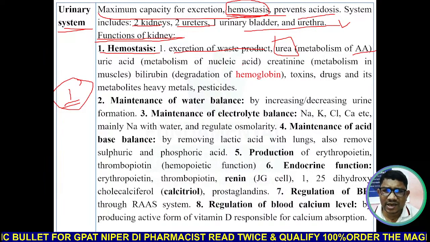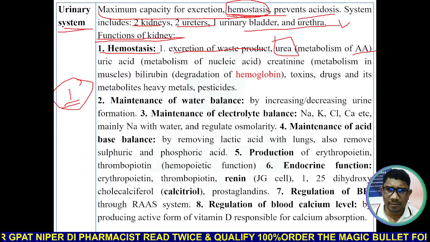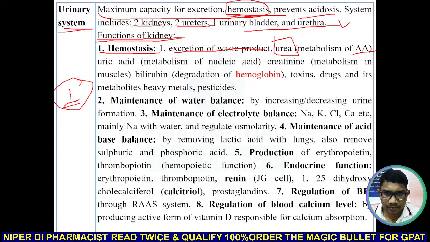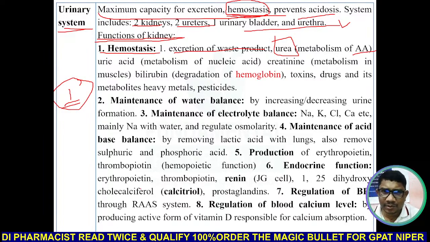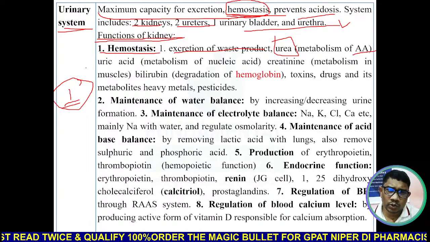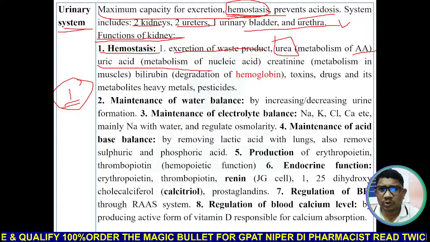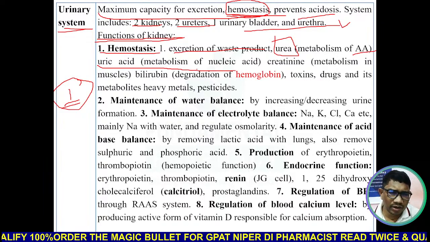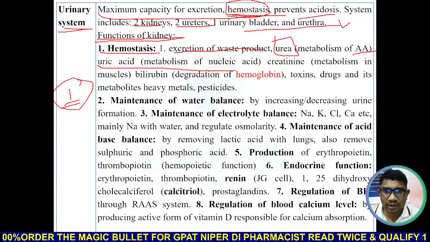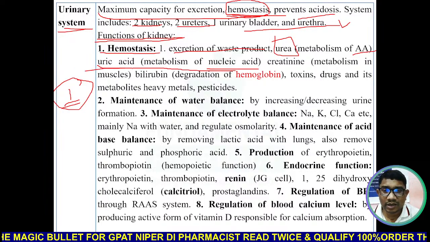Those animals which excrete urea as a waste product of metabolism of amino acid and protein are ureotelic. Some animals excrete uric acid, they are known as uricotelic, which is a metabolic product of your nucleic acids. तो जो डीएनए आरएनए का मेटाबॉलिज्म होने के बाद में यूरिक एसिड बनता है ना, यूरिक एसिड.